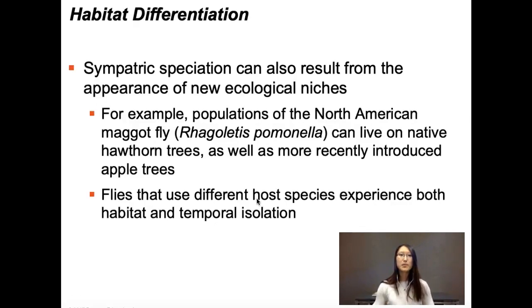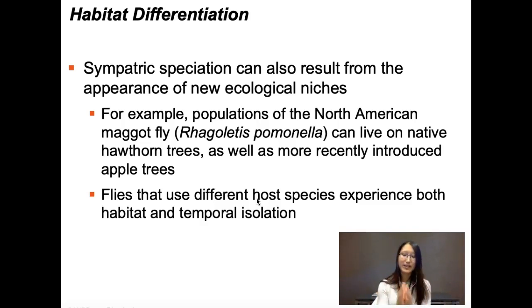Continue on. Habitat differentiation. Sympatric speciation can also result from the appearance of new ecological niches. So if you think about all of these organisms living in the same area, there could still be different niches. If you don't know what a niche is, basically it's where this population lives, how it interacts with the environment, how it interacts with each other, basically all the environment that goes into this one population.